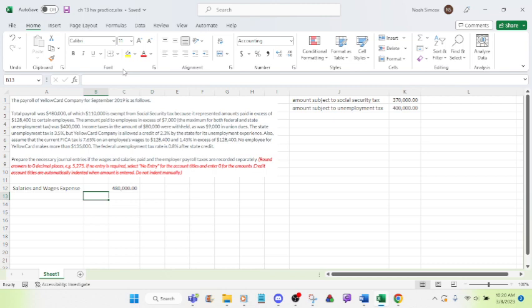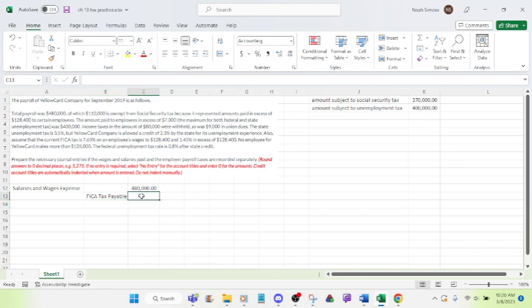So there's going to be a tax liability, FICA tax payable. Is that what it's called? And how much is that?